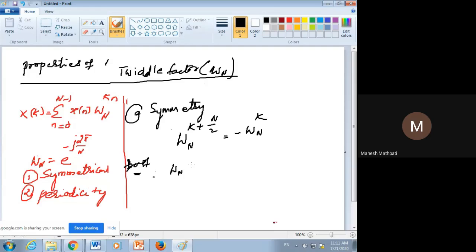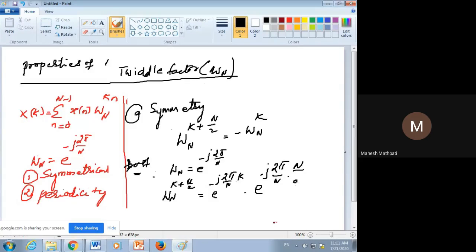WN equals e power minus j 2 pi by N. Then WN to the power k plus N by 2 can be written as e power minus j 2 pi by N into k, into e power minus j 2 pi by N into N by 2. Right?